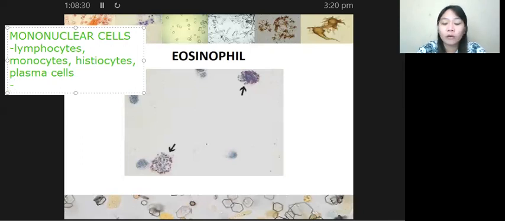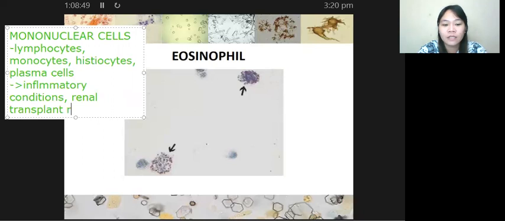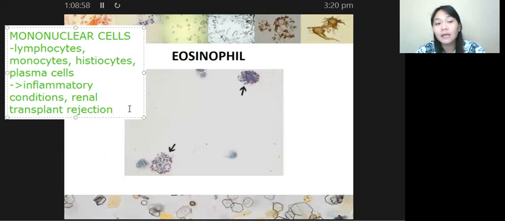So the presence of your mononuclear cells in your urine sample indicates inflammatory conditions, or they may also indicate renal transplant rejection. Ayan. So mononuclear cells: inflammatory conditions and renal transplant rejection.